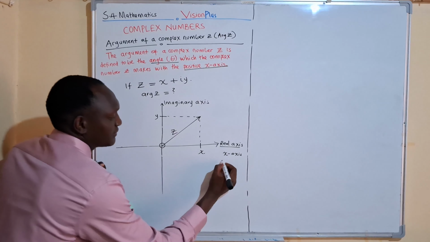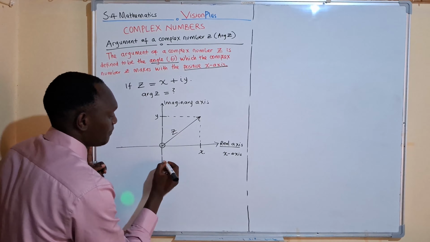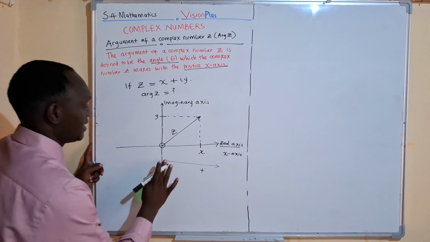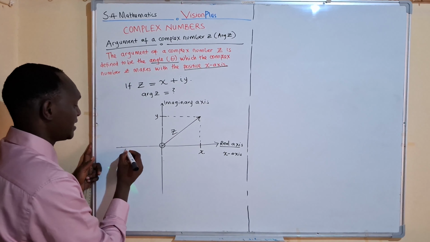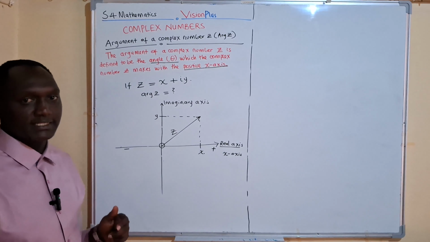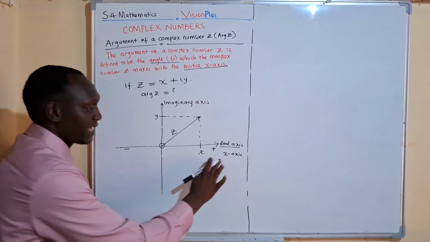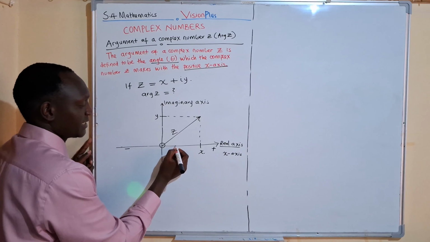This is the positive part of x, from here up to there, and beyond 0 here, this is the negative part of x. So we are measuring the argument from the positive x-axis, which is here.